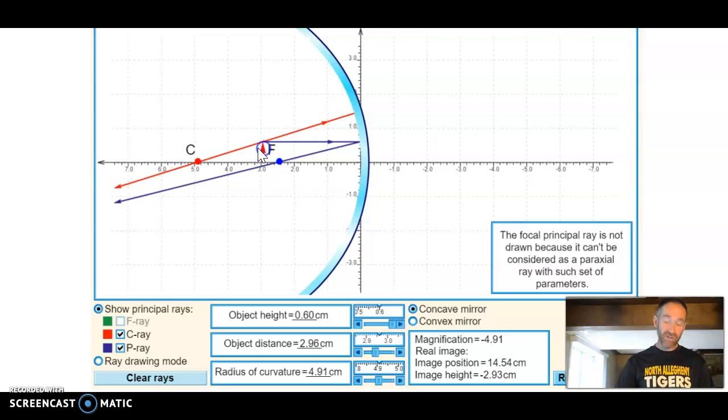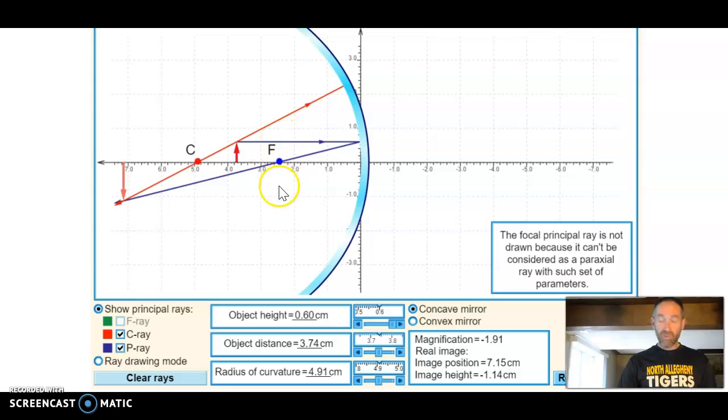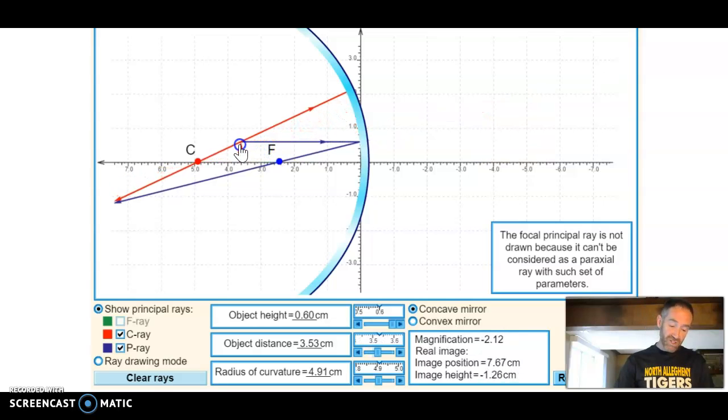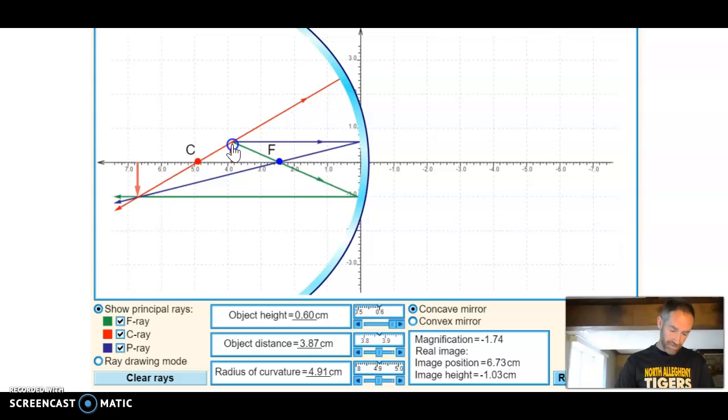Even though they're not crossing on the screen, you see over here that this red one and this purple one, they will cross over here if this were just long enough. And so there would be an image over here somewhere. And if I bring this far enough out, you can start to see the image. So the focal point is an important spot. On the inside of the focal point, the image is going to be virtual, and it's going to be upright. On the outside of the focal point, the image is going to be real, and it's going to be inverted.